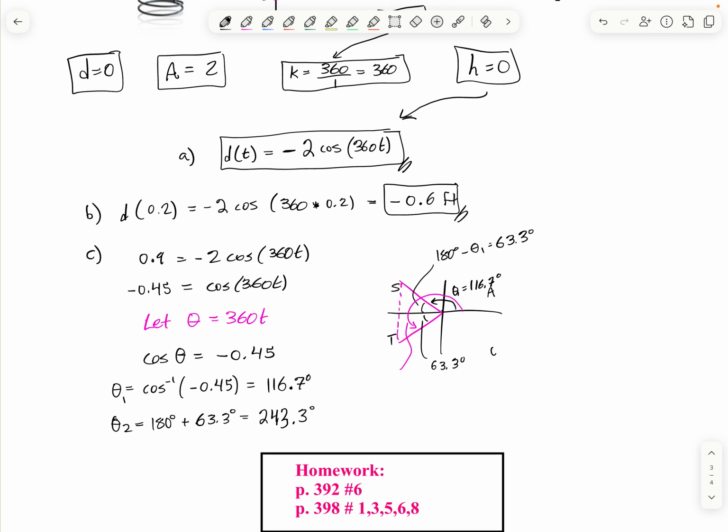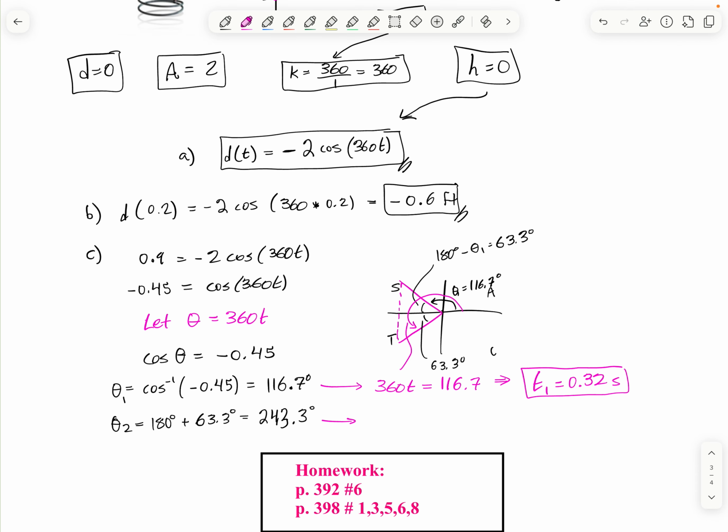So now we can actually solve for t, right? Remember here, not theta 1, but theta was 360t. So we could say 360t is equal to 116.7. Divide both sides by 360. So 116.7 divided by 360, we get t1 is equal to 0.32 seconds.